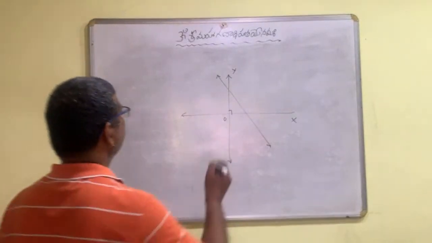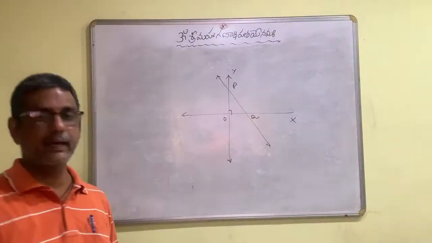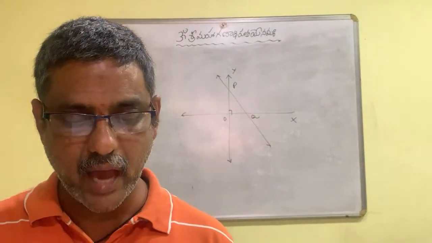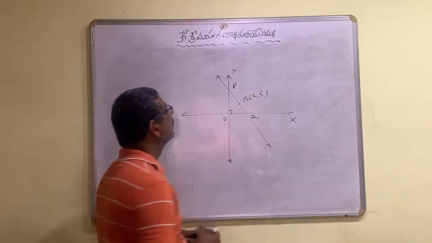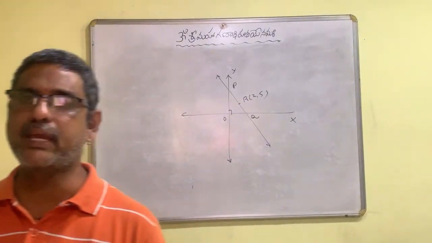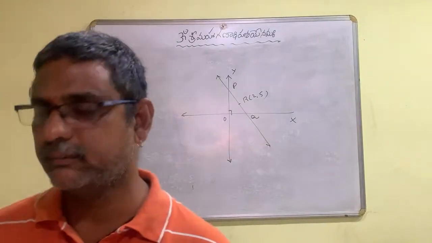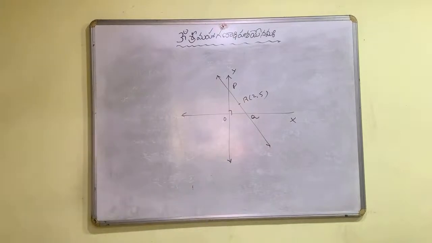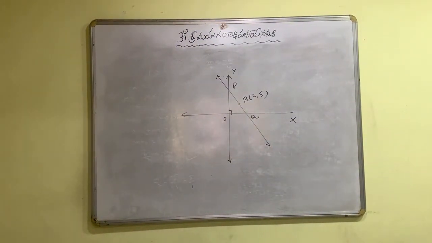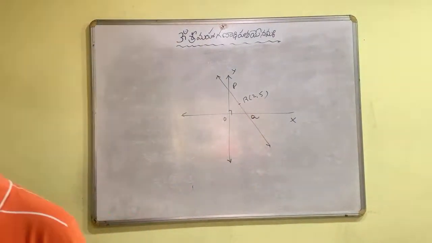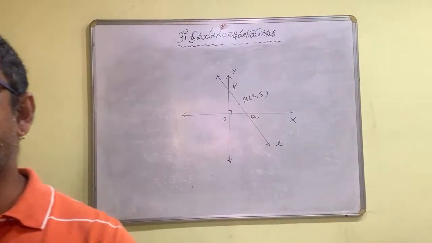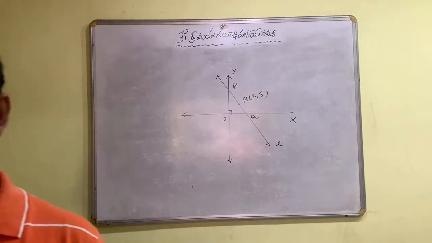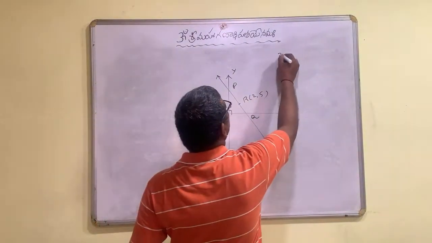It intersects the y-axis at P and the x-axis at Q. If R(2, 5) is the midpoint of line segment PQ, we need to find the coordinates of P and Q. R is the midpoint of PQ. This is a 2023 board exam question.